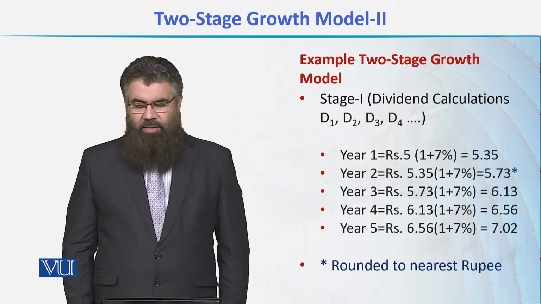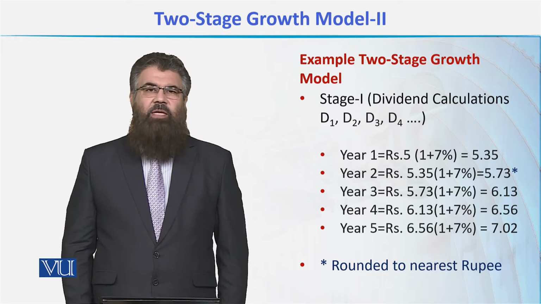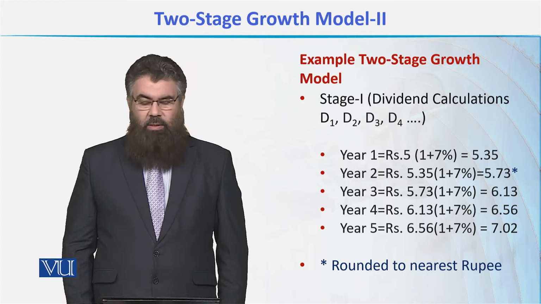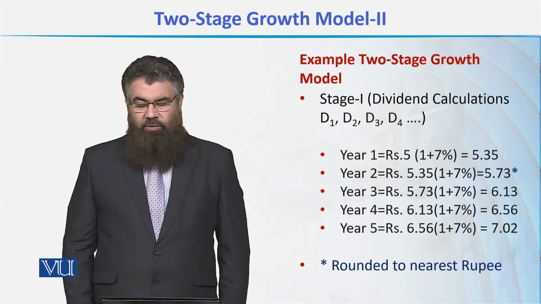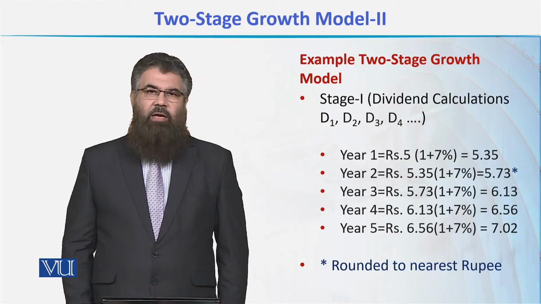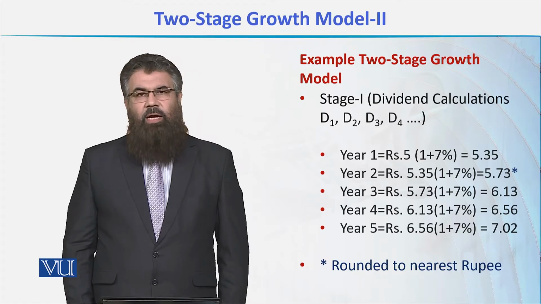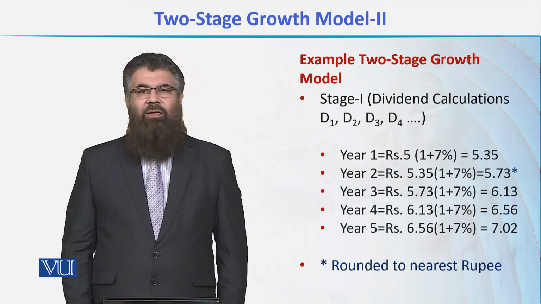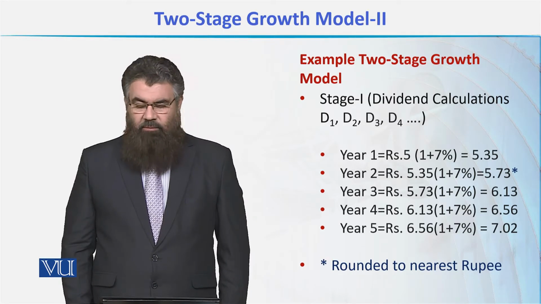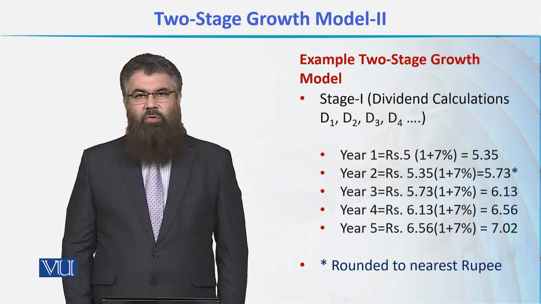So 1 plus 7% into 5 gives us 5.35 rupees. This is the expected dividend of year 1. Similarly, in case of year 2, we'll multiply 5.35 again with the same growth factor 1 plus 7%. And we get the value of the second year's expected dividend, which is 5.73.